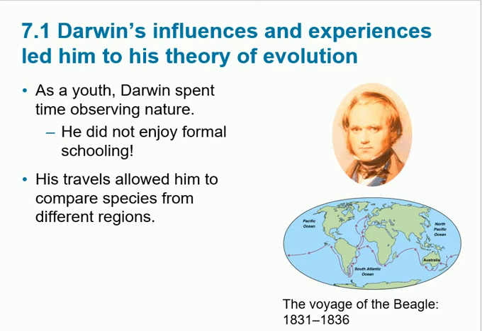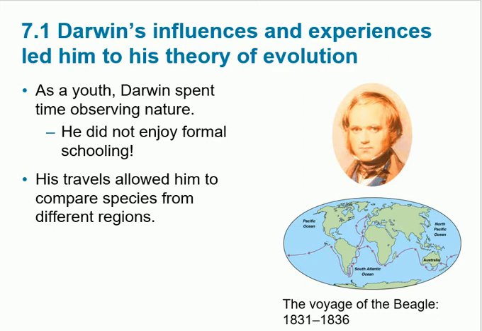So Darwin spent years, when he was a young man, observing nature. He was not a classic student who's just attending school and stuff. He's just traveling around and observing a lot of things.